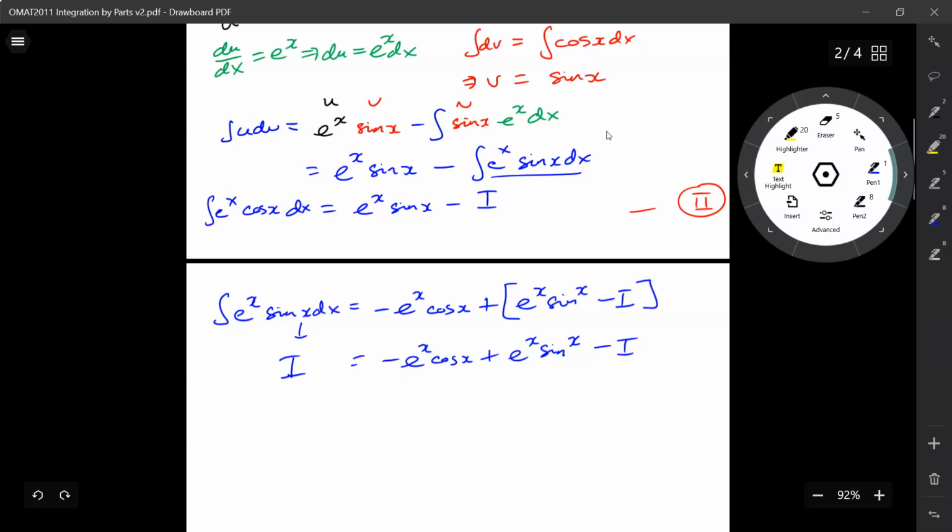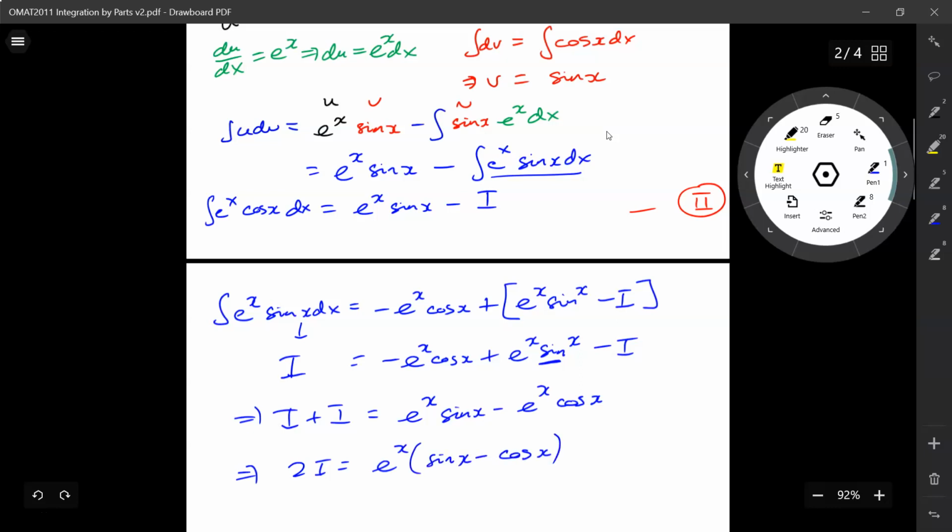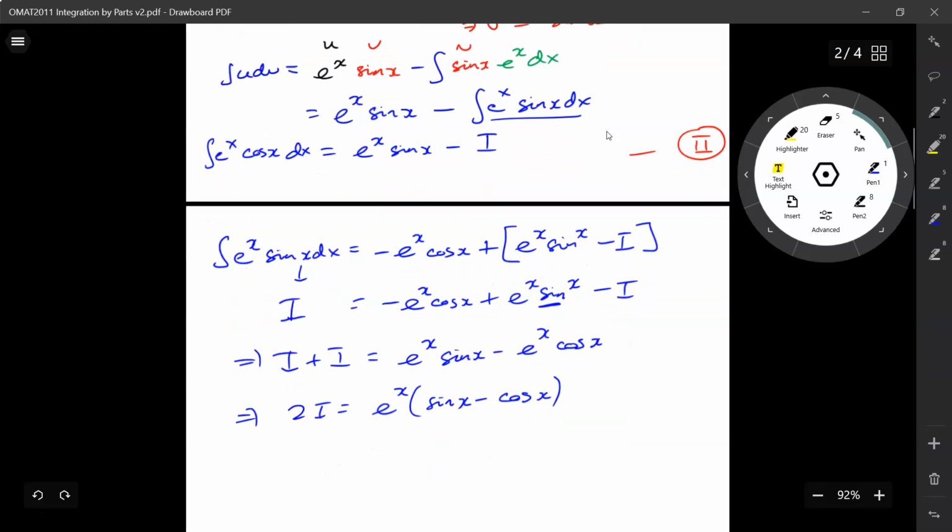This implies that I plus I, so I can bring this to the other side, is equal to exponential x, and I can swap the order of this. This is positive, this one is negative, so I'll bring that one over to that side. And that implies that 2I is equal to exponential x, I can just factor that out, so it's sine x minus cosine x.